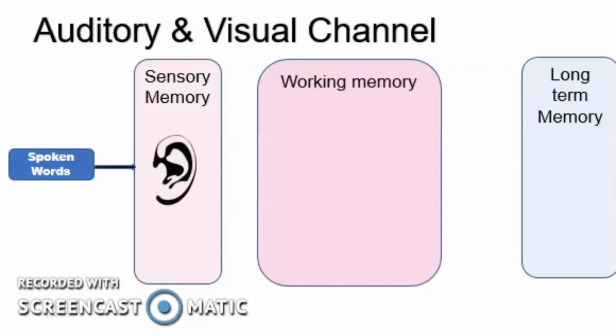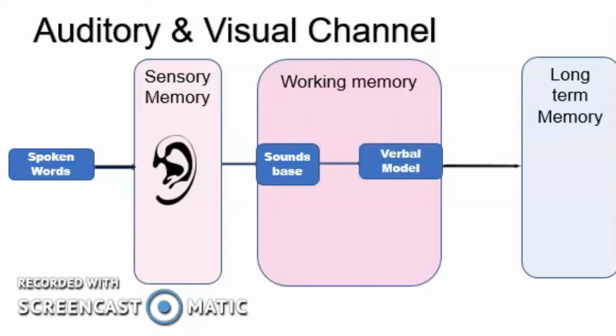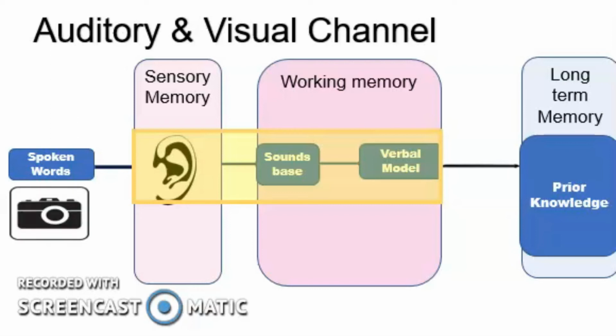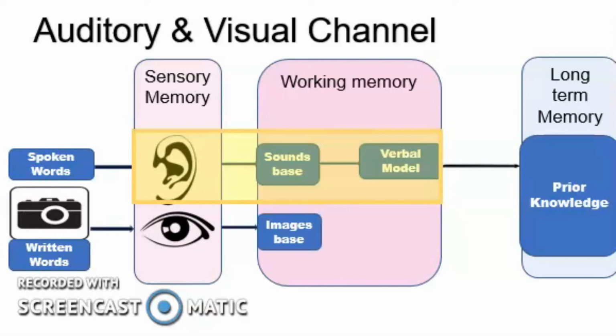The spoken words are perceived by the ears, and the important words are selected to form the sound base, to form the verbal model, which is consolidated with the prior knowledge. This is our auditory channel. It is working independently. However, it integrates with the visual channel. The visual channel is formed by the written words and the pictures, visuals, and they are collected to form the image base, which forms the visual model.